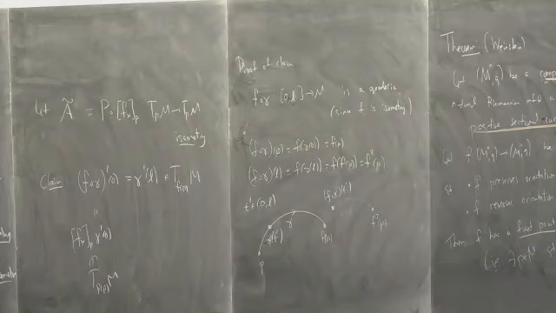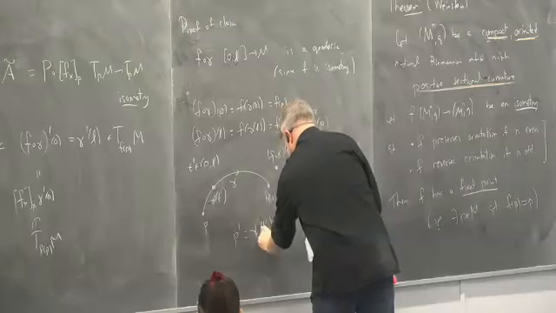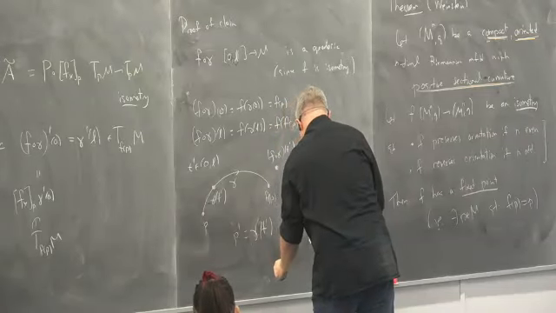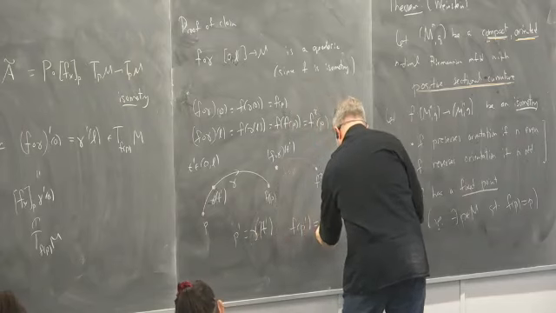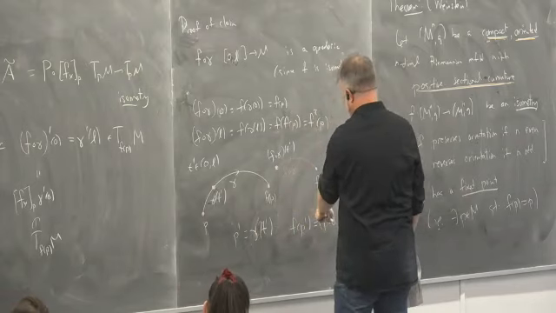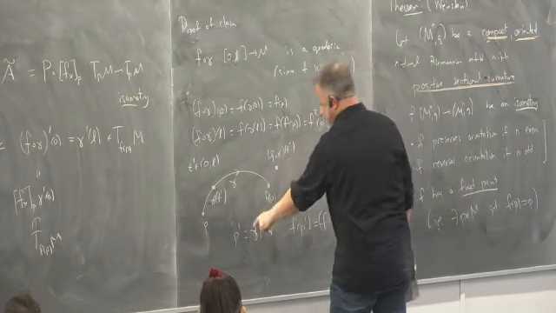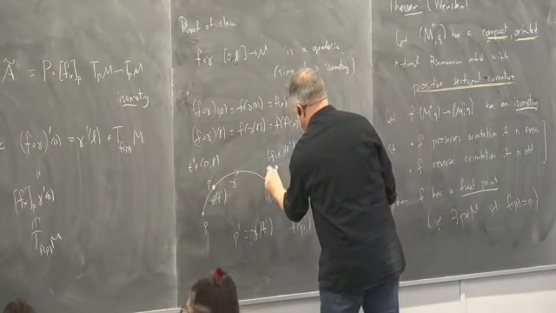I want to prove this claim. I want to introduce some more notation here. I'm going to call P prime is gamma of t prime, and F of P prime is F compose gamma of t prime. Right. So since gamma of t prime is P prime, this is P prime. This is F of P prime.